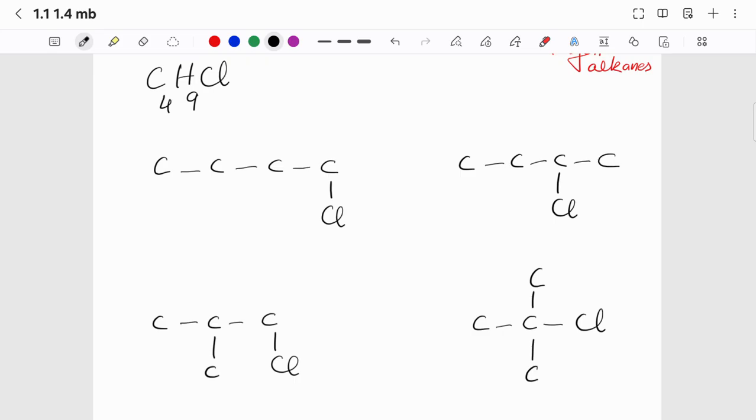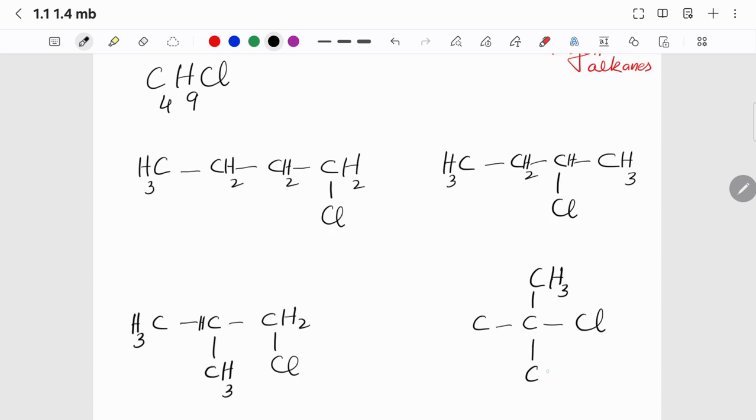Let me complete its hydrogen. So there would be 2 hydrogen, 2 hydrogen, again 2 hydrogen, and here I will attach 3 hydrogen. Here 3 hydrogen, 1 hydrogen, 2 hydrogen, 3 hydrogen. Here 3 hydrogen, 3 hydrogen, 3 hydrogen.